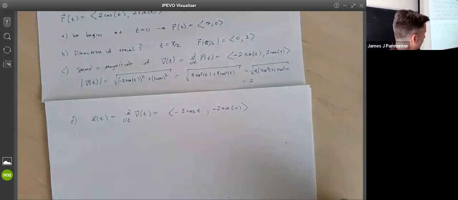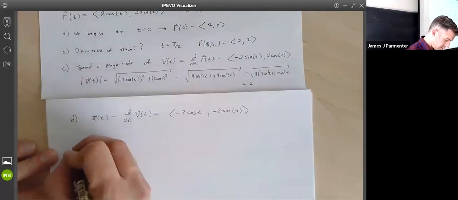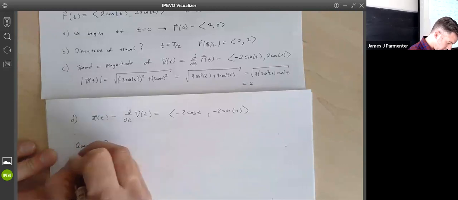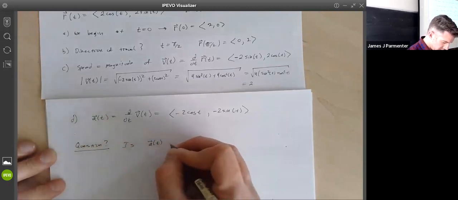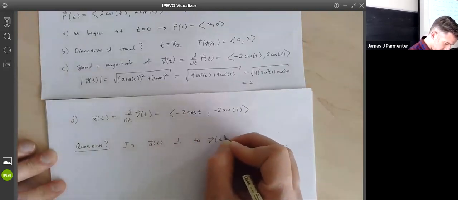And something worth noticing, because it happens a lot. So question, is the acceleration vector perpendicular to the velocity vector?